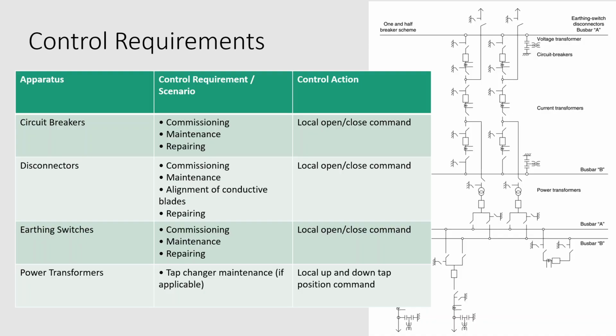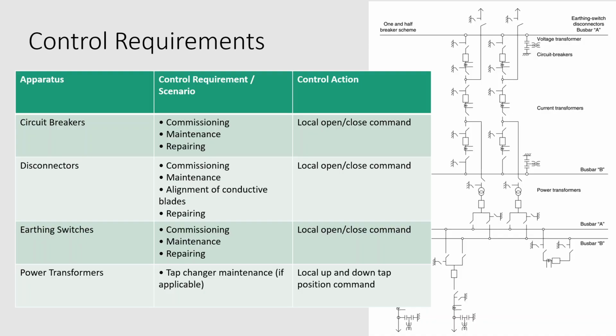So basically you can send open and close commands to these circuit breakers for maintenance, repair or commissioning purposes. If you want to take the circuit breaker out for maintenance, you can send an open command through the substation automation system, right?